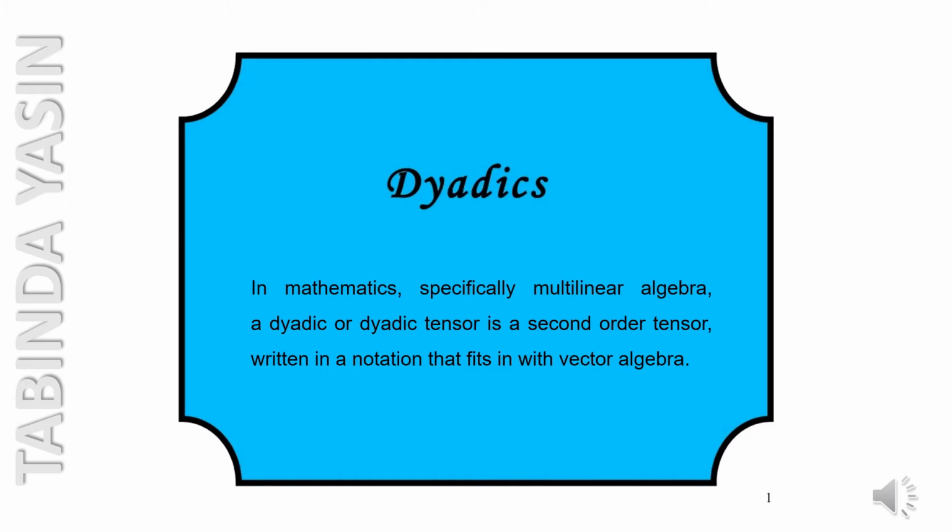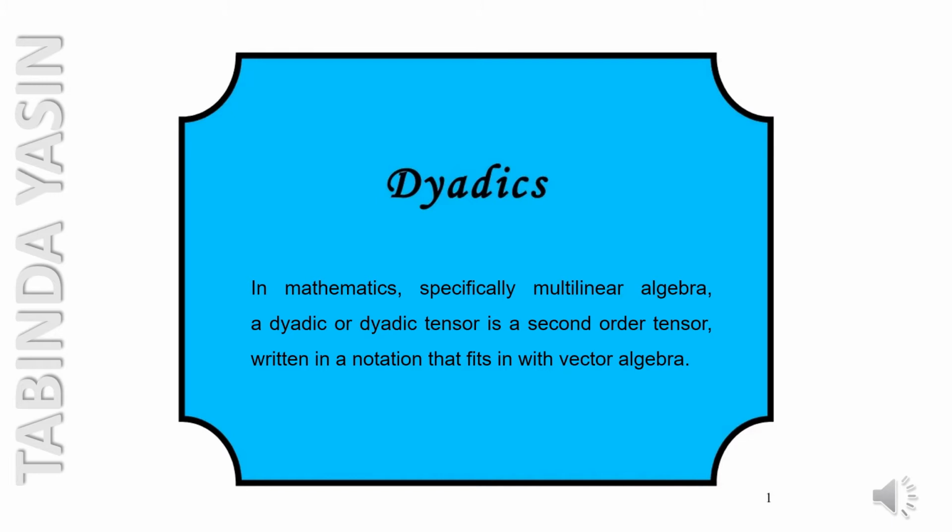Now, starting with the topic dyadics, we're going to discuss the definition of dyadics. In mathematics, specifically multilinear algebra, a dyadic or dyadic tensor is a second order tensor written in a notation that fits in with the vector algebra. As you know, vectors are responsible for the discussion of an object's motion, three-dimensional rotation and translational motion.